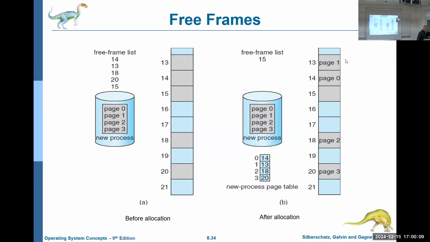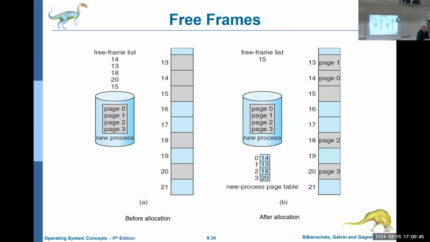So we put him in page 0 and frame 14, because it's first in the list. Our list is like a FIFO. So we put page 0 in 14, page 1 in 13, etc. And now we generated a page table, and here it is: 14, 13, 18, 20. Fine.